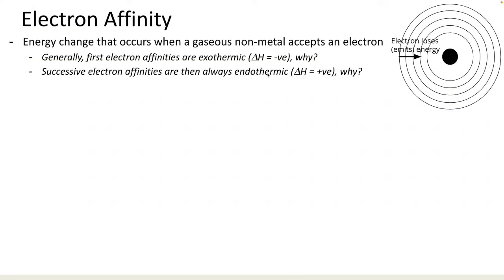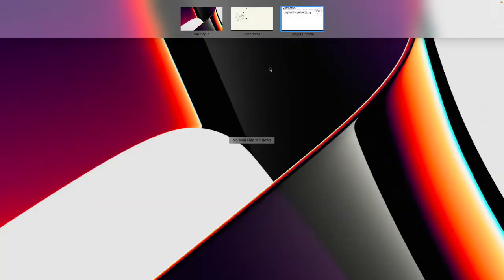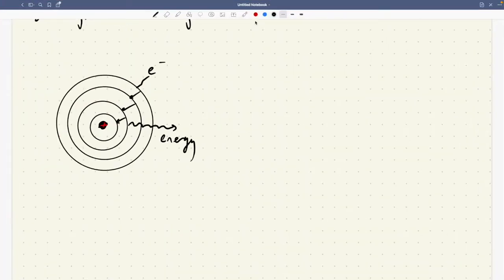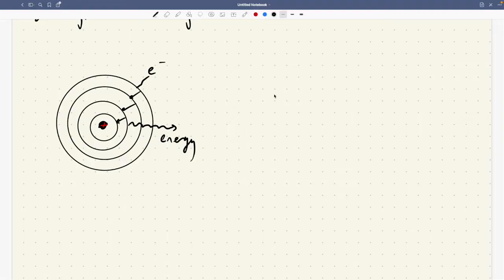But when we think about the successive electron affinities, the same way that we could have successive ionization energies where it loses more than one electron, we can have successive electron affinities if they have to gain more than one electron. You think about an ion with a 2 negative or a 3 negative charge, right? Well, it goes back to our good old-fashioned idea of electrostatic attraction and repulsion.